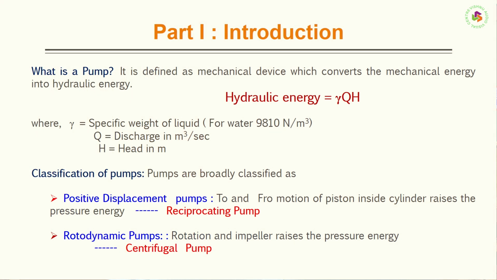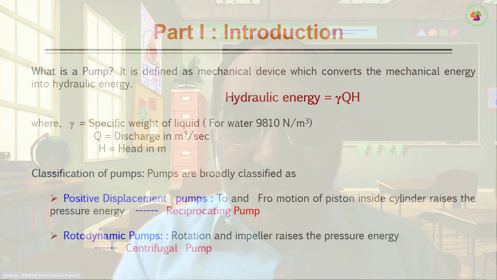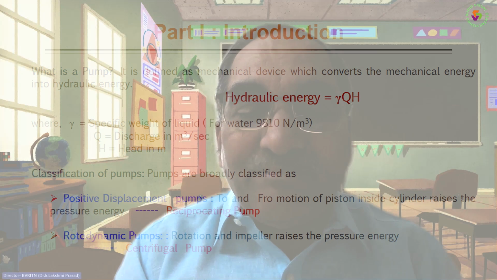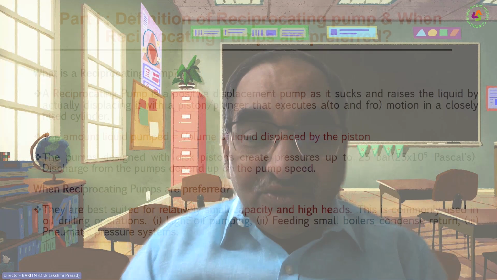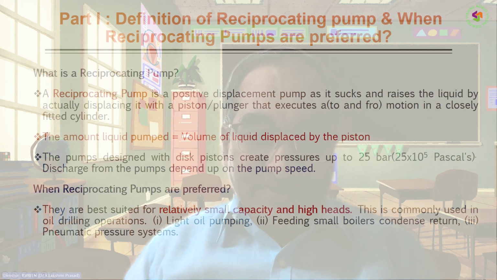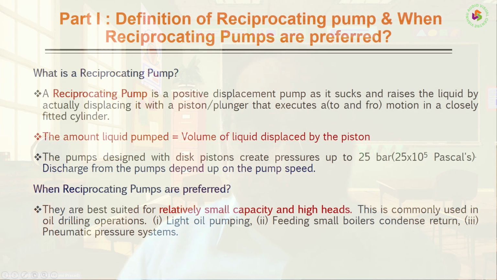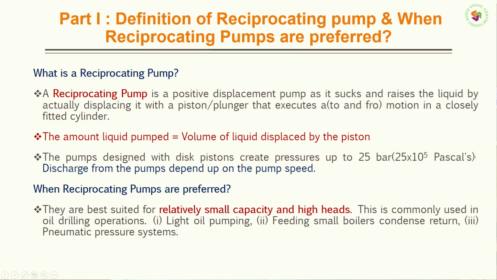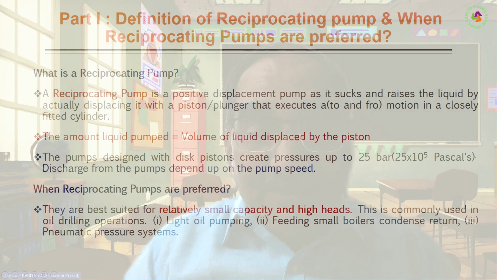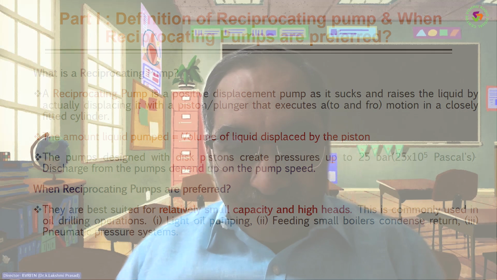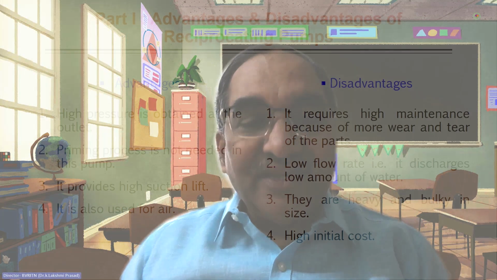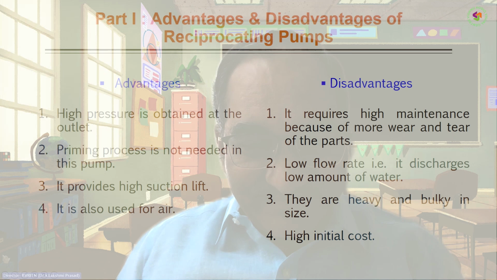The pumps are broadly classified under two headings. Number one is called positive displacement pumps. And number two is rotodynamic pumps. The example for the positive displacement pump is the reciprocating pump.